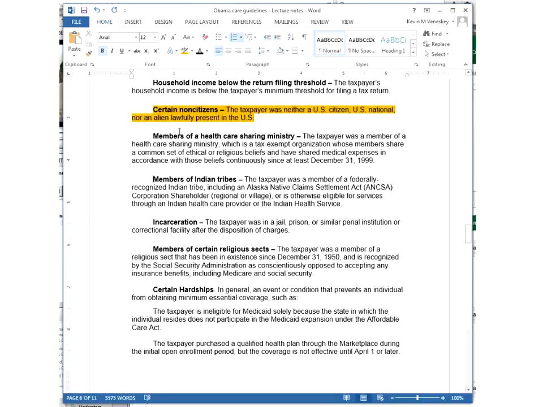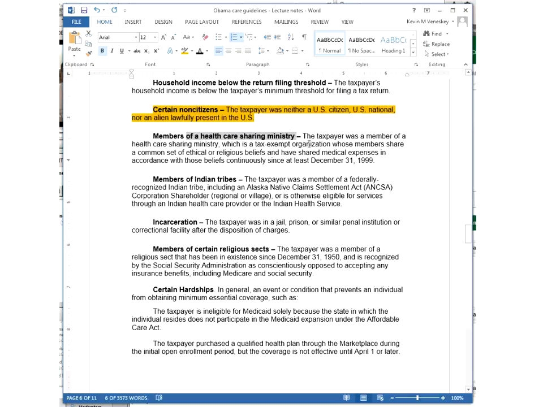Certain non-citizens, if you were members of a health care sharing ministry, it's not just anybody in that they claim that they're whatever religious affiliation that they should be exempt. That's not the case.